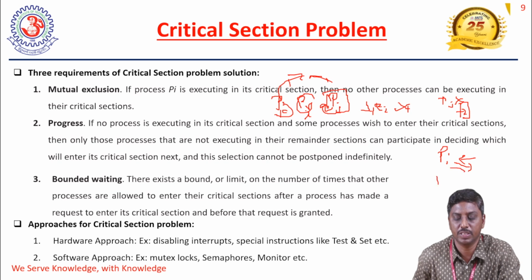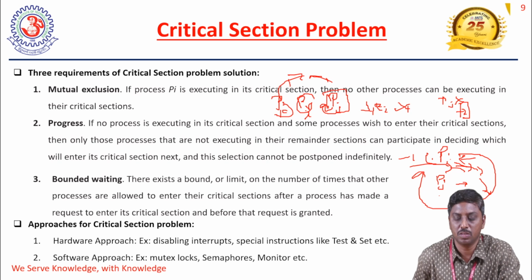After that, Pj and Pr also wait to enter into the critical section. So Pi got the chance, entered into the critical section, completed its portion, and is in its remainder section. Meanwhile, the protocol allotted the critical section to Pj, so Pj is also in its critical section. Now, meanwhile, Pi again wants to enter into its critical section, so again it came back.